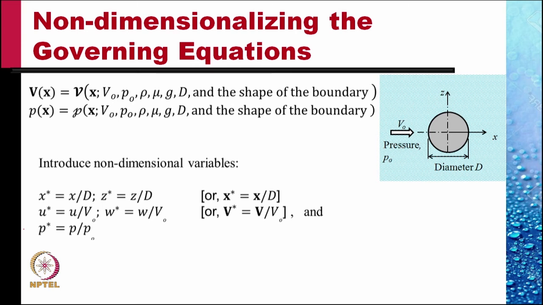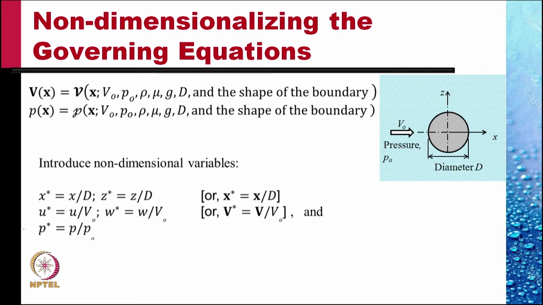Star as a superscript here denotes that we have non-dimensionalized the quantity. X by D, or x star, would be a pure number. This is a measure of the location in terms of the diameter of the cylinder, or a length which is inherent to the problem.